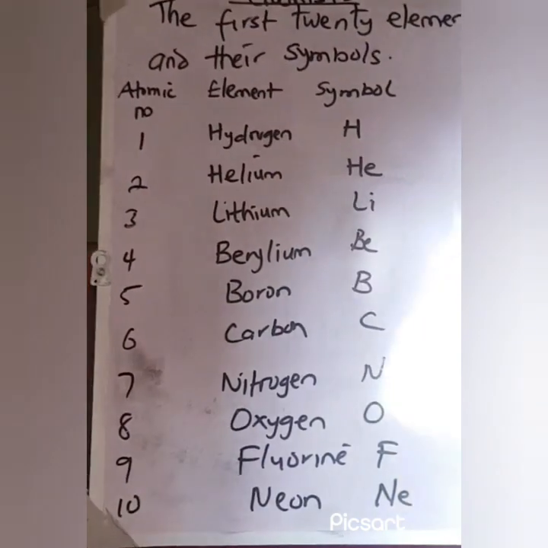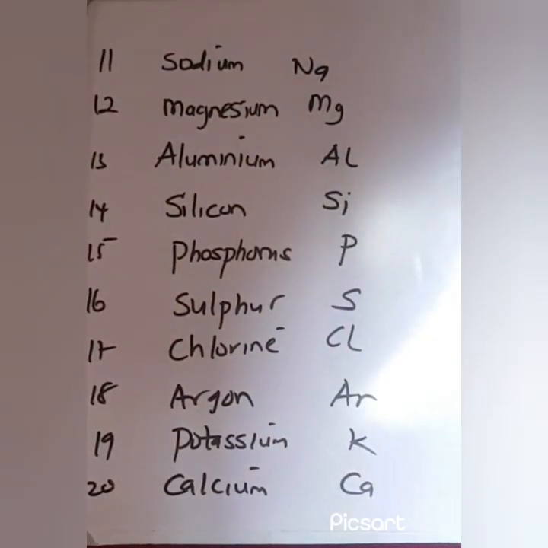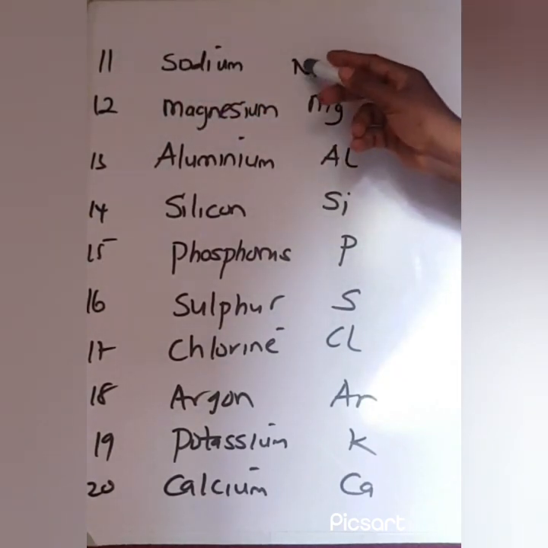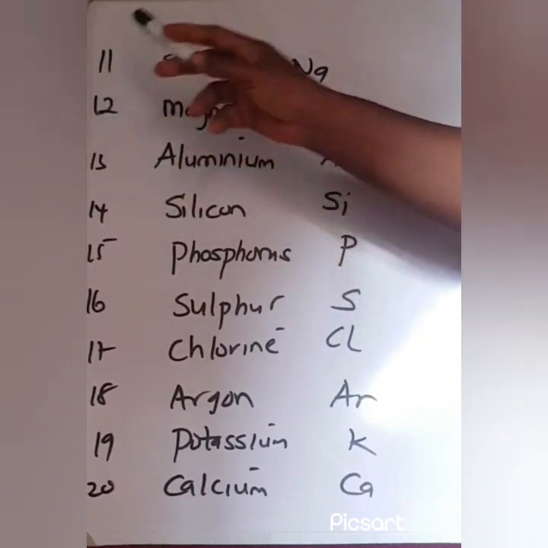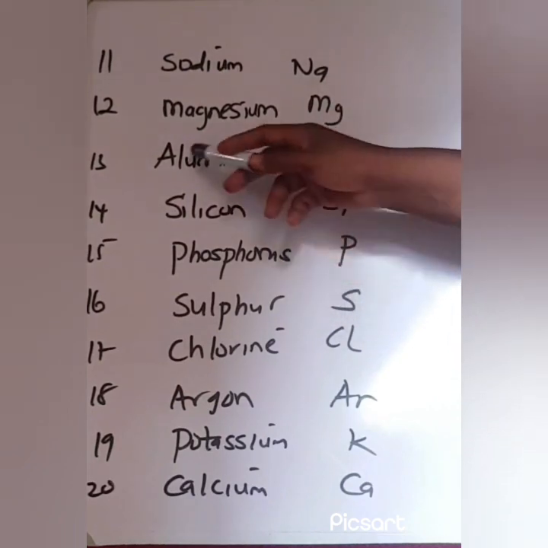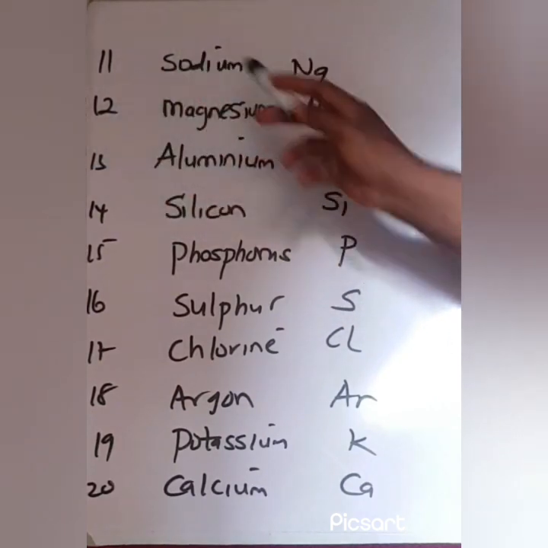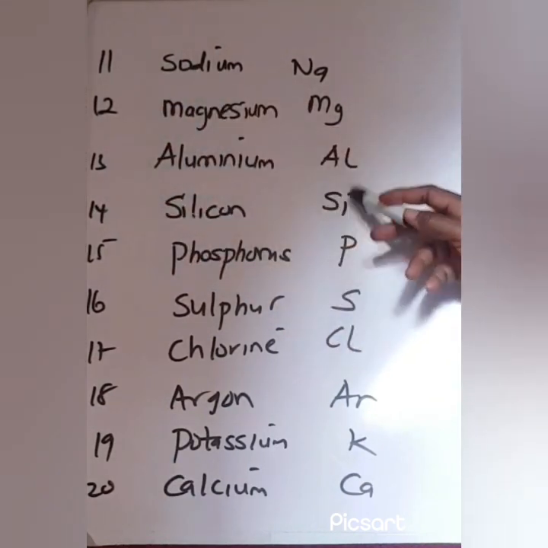So we move on to the continuation, from 11 atomic. For sodium, atomic number is 11 and symbol Na, natrium. For magnesium, atomic number is 12 and the symbol Mg. For aluminium, atomic number is 13, symbol Al. For silicon, atomic number is 14, symbol Si.